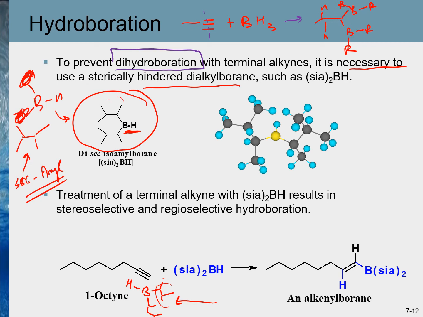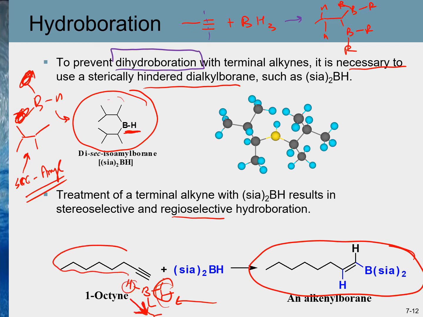This borane is incapable of adding more than once, so it will result in only monoboration addition product. And because of these bulky amyl groups, this addition is also regioselective. Boron with bulky group stays on the open end of the alkyne, and hydrogen goes to the crowded side of the alkyne.